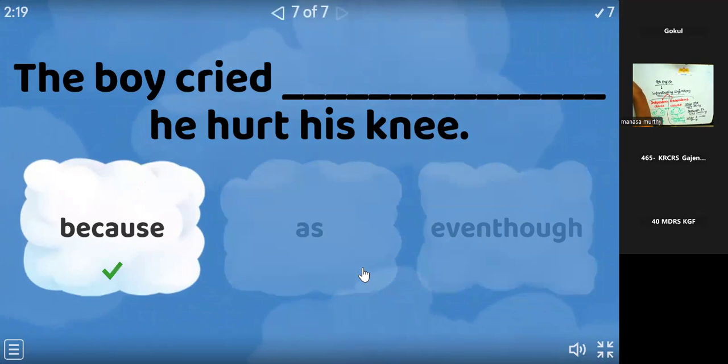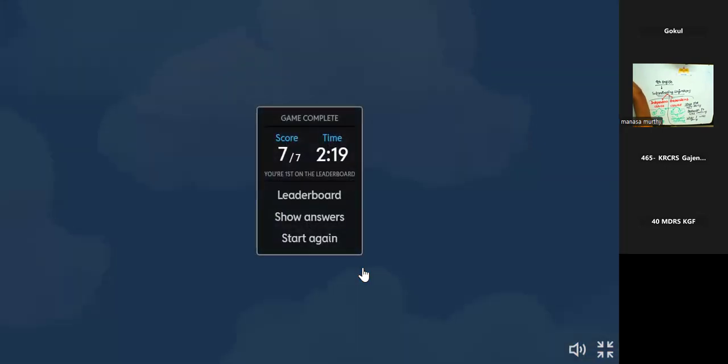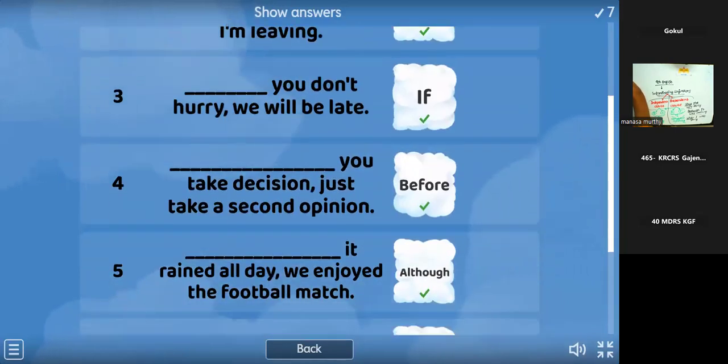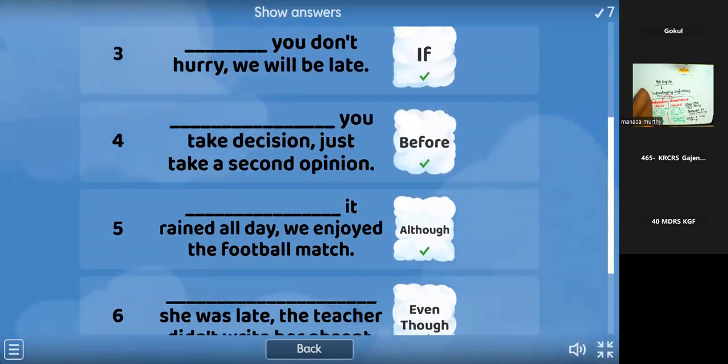I am telling this because you need to be clear enough whether the given option is a subordinating conjunction or coordinating conjunction. If you are asked, so let us know which is the appropriate coordinating conjunction or subordinating conjunction, you should be able to say depending upon the sentence. Okay.